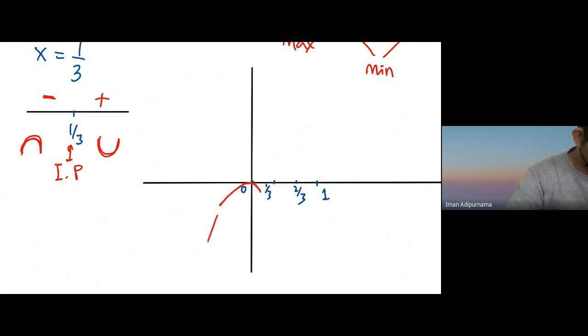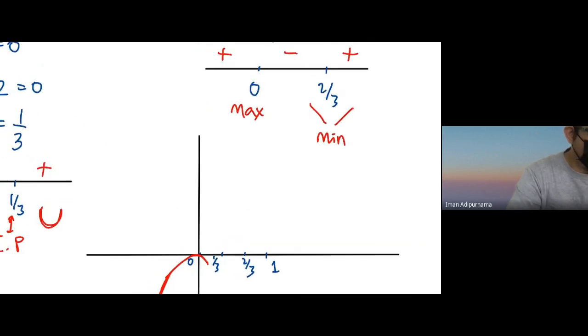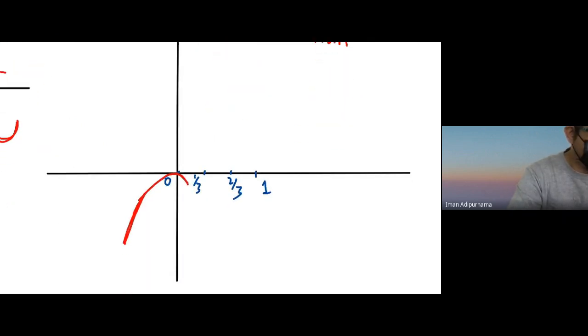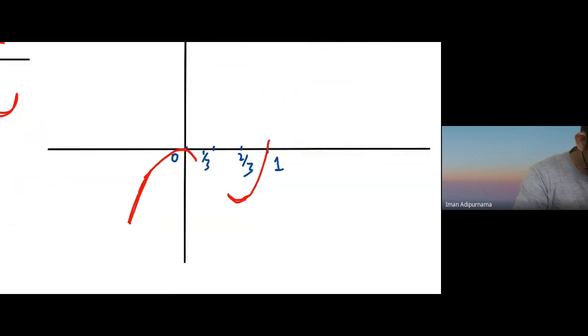And maybe it's from down here, and you can check another point to help you, but at least from 0, and then you will have a minimum at 2/3. 2/3 is here, so it should be like this, and it should be crossing this one, right? And now we need to draw the inflection point at this 1/3. So this should be upwards here, and then this part is downwards.